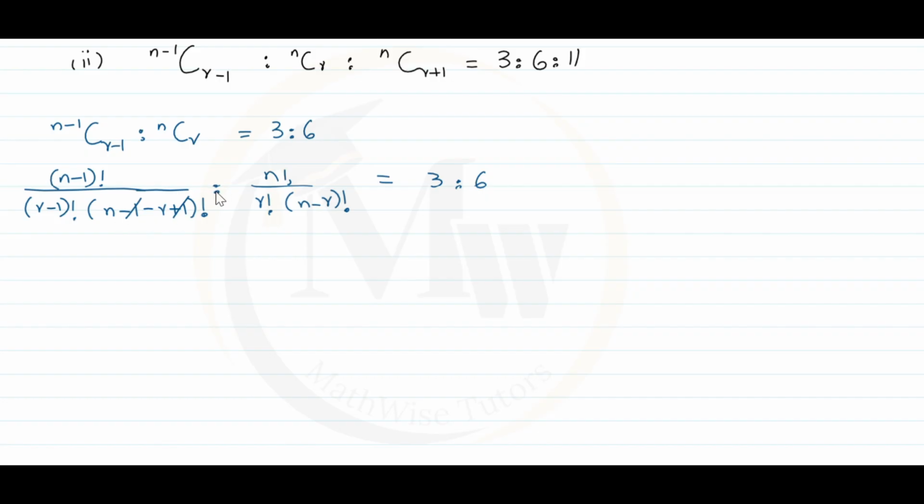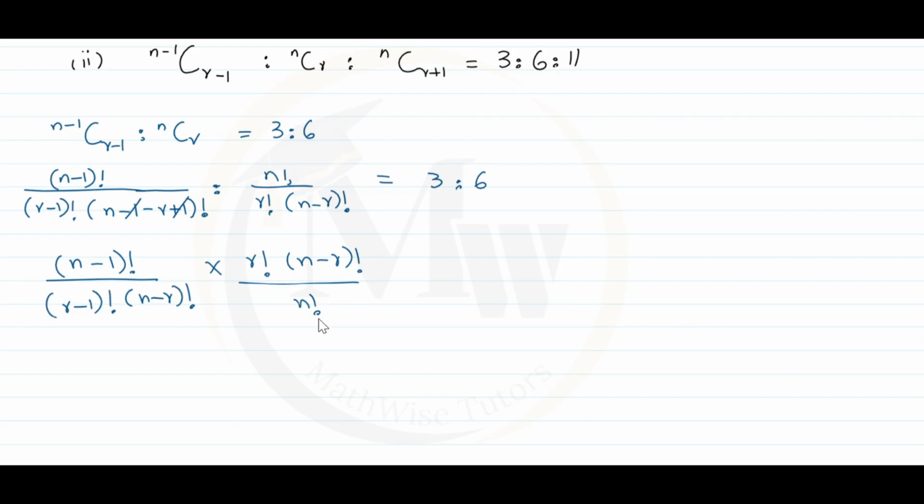And ratio means the numbers are dividing. So if they are dividing, we can convert into multiplication and the fraction will be flipped over. So it becomes (n-1) factorial over (r-1) factorial times (n-r) factorial, converted into multiplication, then r factorial times (n-r) factorial over n factorial. Same terms would be cancelled out.